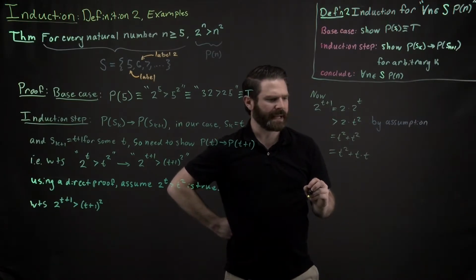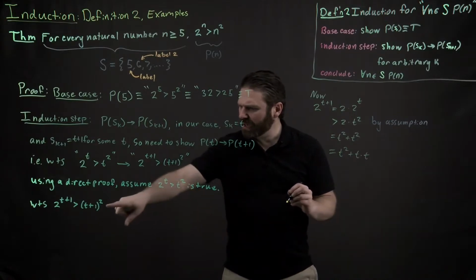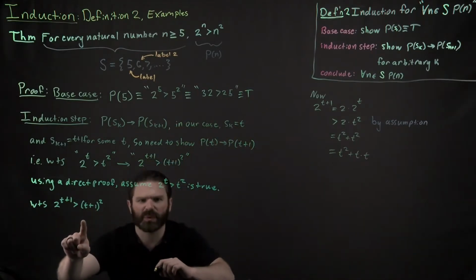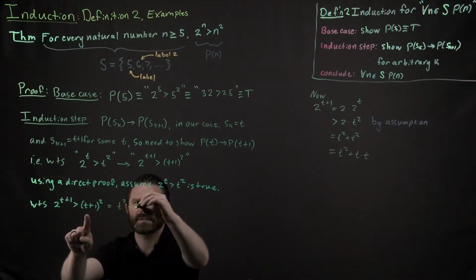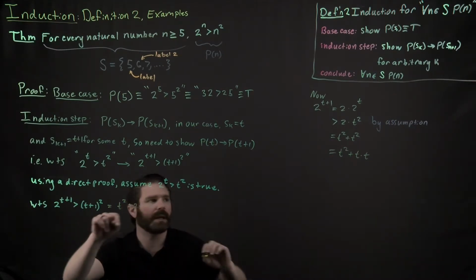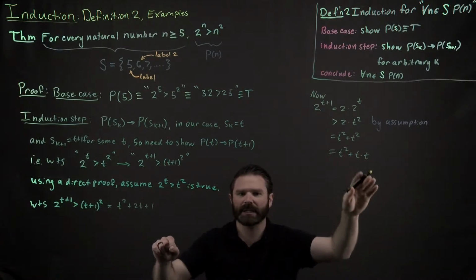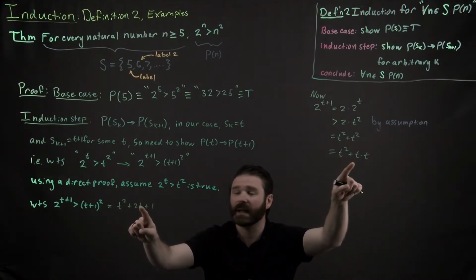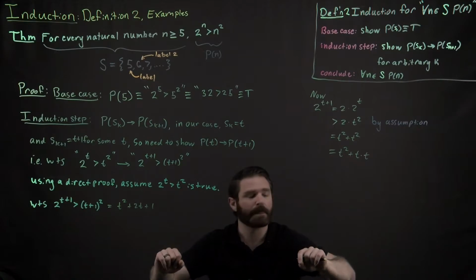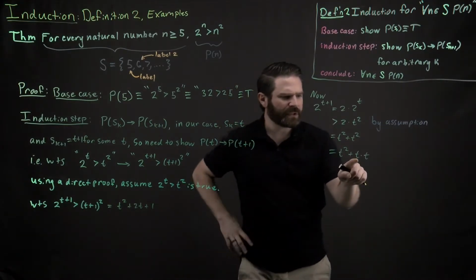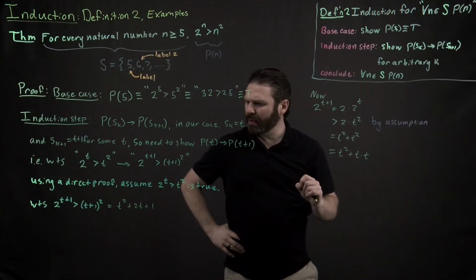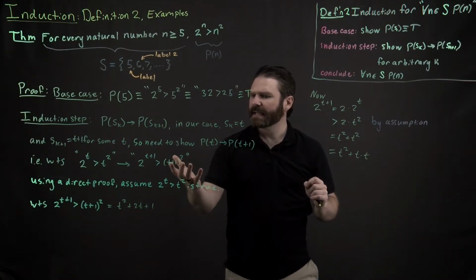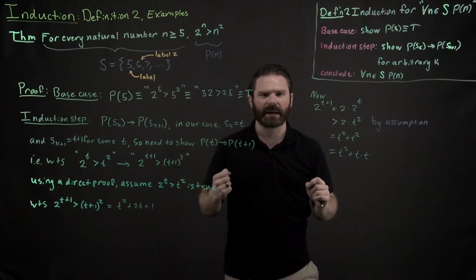Okay, well, how does that help us? Because remember, this expression right here is the same thing as t squared plus 2t plus 1. So what I'm trying to do is add on additional terms because I already got that t squared, I just need to fill in the rest. So, first off, is there anything special about this t? Well, this t is some element of the set that I'm talking about.